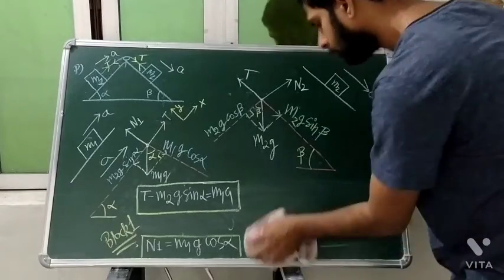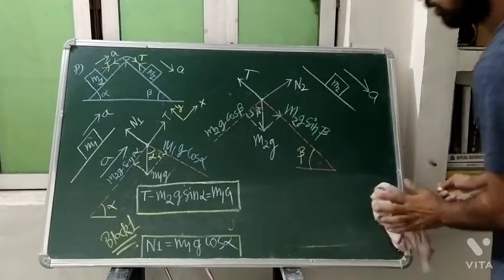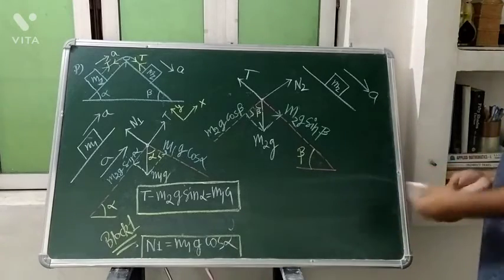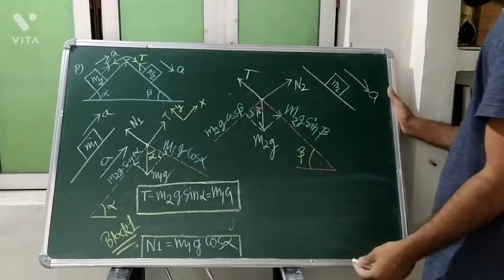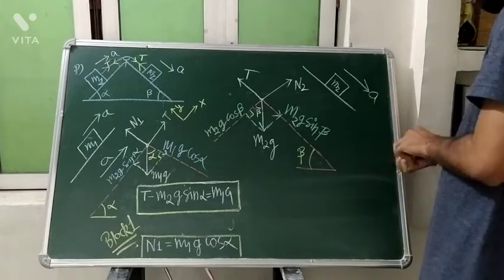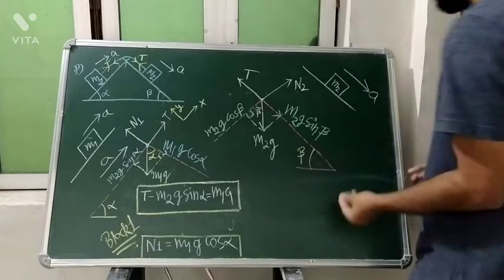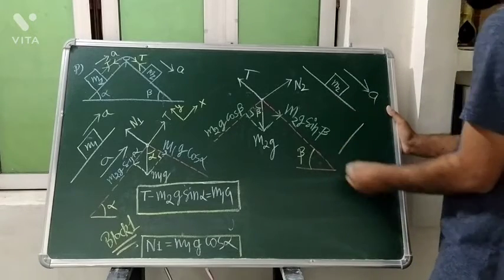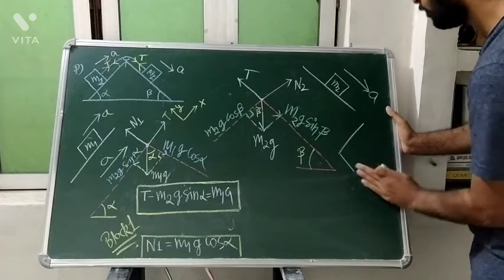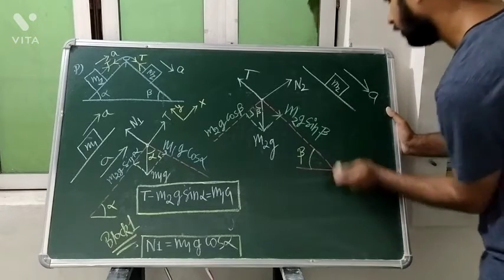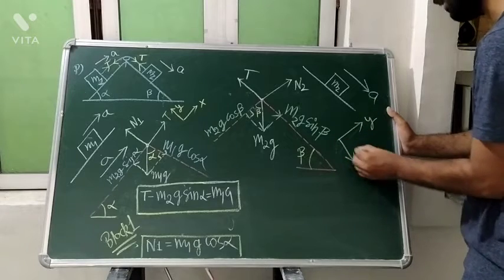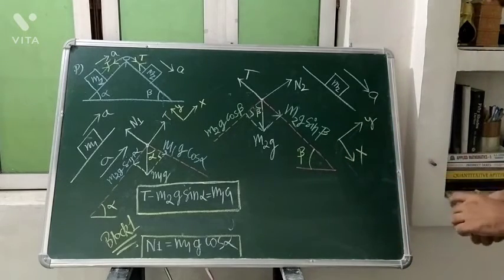And when we resolve the same things here, of course, for x and y, we can select coordinates like this: it is our y, it is our x axis.